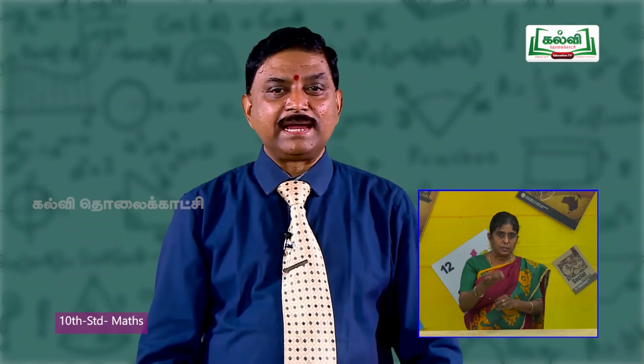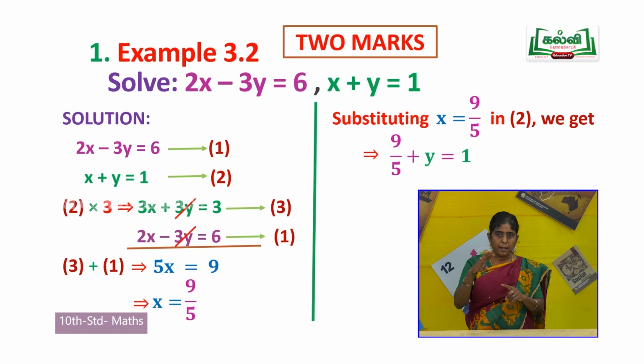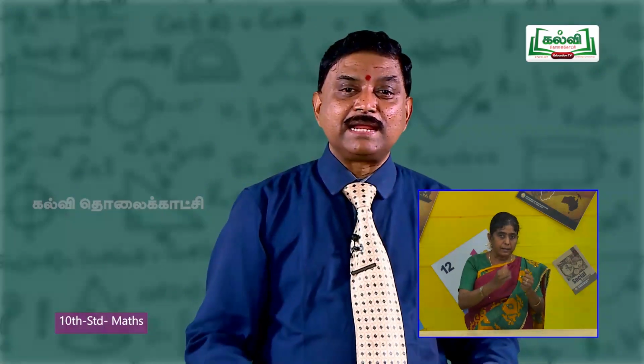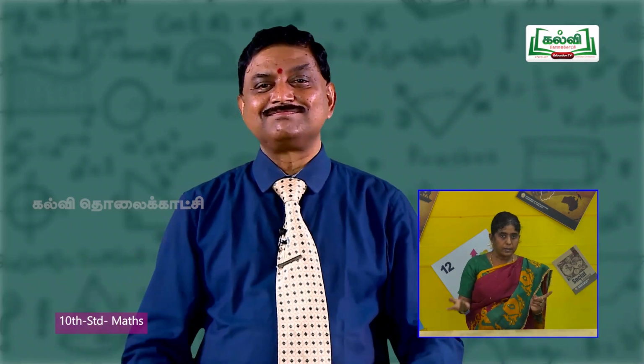So let us substitute there. Substituting x equal to 9 by 5 in equation 2, we get: look at equation 2, x plus y, so replace the x by 9 by 5 there, and then plus y equal to 1. Now what we have to do, actually the mathematical concept is, you have to subtract 9 by 5 on both sides.